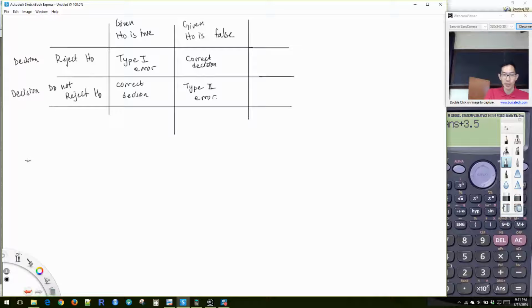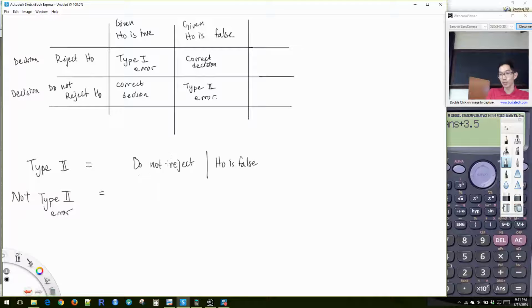Okay, so a type 2 error can be thought of as do not reject, given null is false. So not committing a type 2 error would be what?